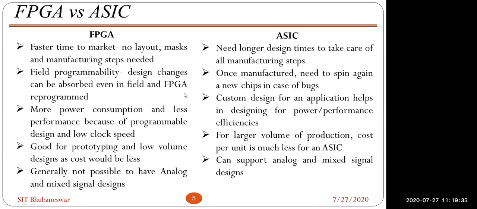But the thing is, it's a generic type, so lots of components are available. In ASIC, whatever we want, that much component is present. But here, multiple times the components are present, whether you use them or not. So that's why the overall speed decreases.